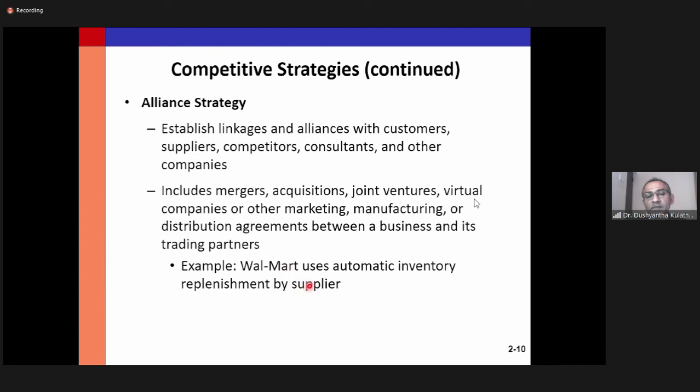So it is basically an alliance with suppliers, and it is not a merger, acquisition, or joint venture. It can be like a virtual company where you connect virtually, utilizing your computer networks, with your trading partner, your supplier, to perform your business transactions.